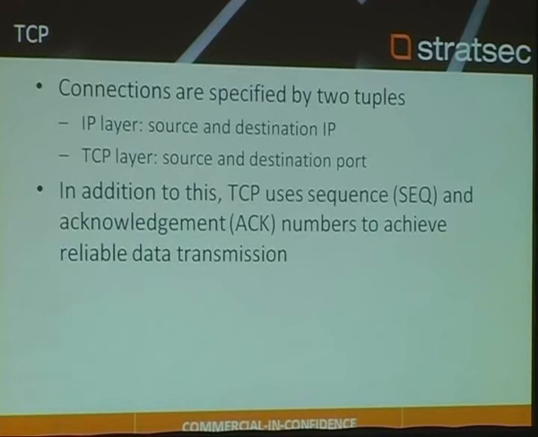And this full four-value tuple specifies the connection. In addition to this, we have these sequence and acknowledgement numbers, which are mostly used to achieve reliable data transmission, but essentially provide the only real security in TCP.